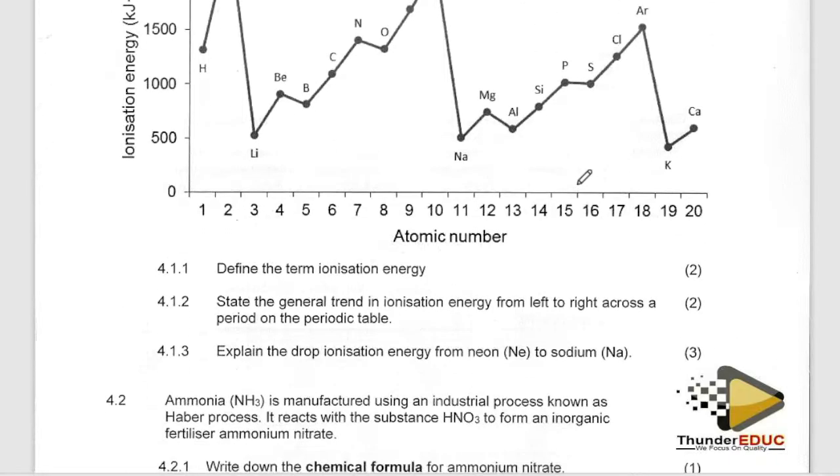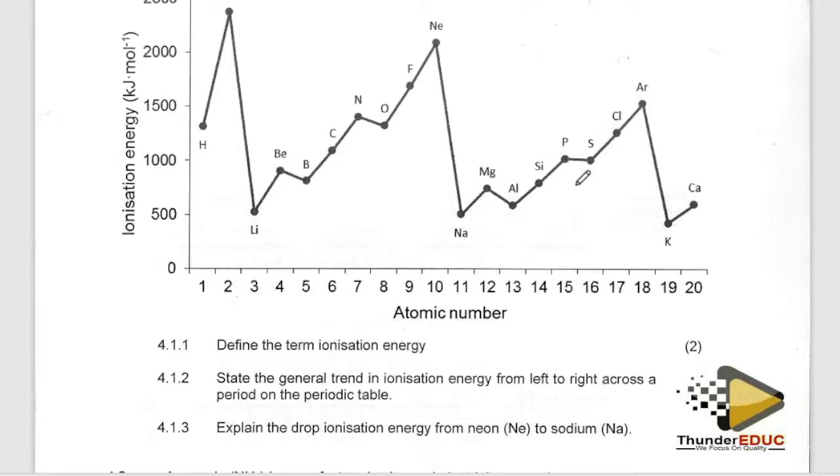To ionize means that you are removing 1 mole of electrons, so that is the minimum energy you require to remove that mole of electrons. Sometimes at this level we don't talk about a mole of electrons, just the minimum energy required to remove an electron from a gaseous atom, ion or molecule. That is still fine. They will give you a tick.